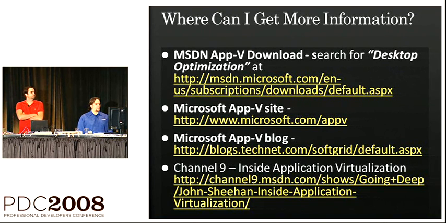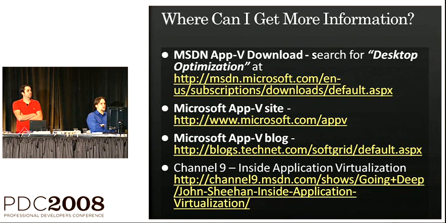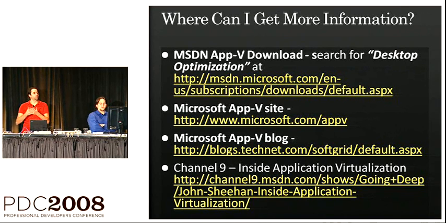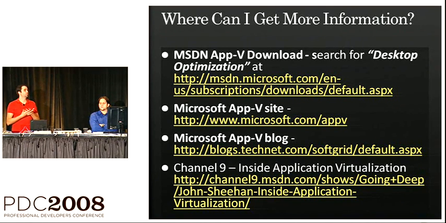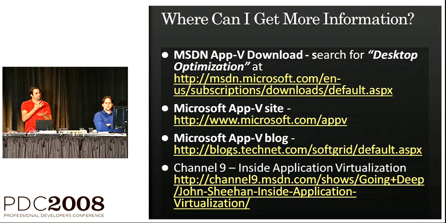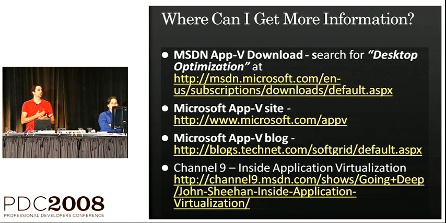And one question with regards to the GAC, is the application isolated, I'm not sure if it's the right word, from the GAC on the machine, on the client PC, or will it access what version of the GAC will it see? Like its own? Well, so if it puts things in the GAC, then it will see those, that will work, right? So that works today. And what it sees is a merge between what it installed and what's in the local GAC.